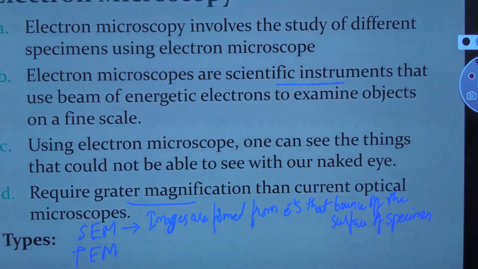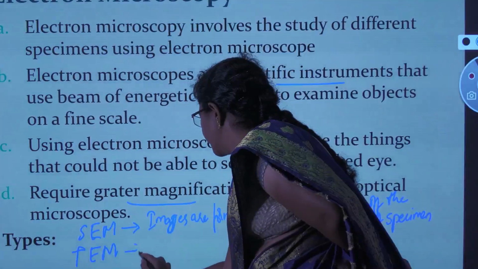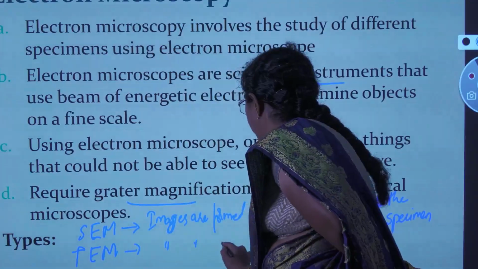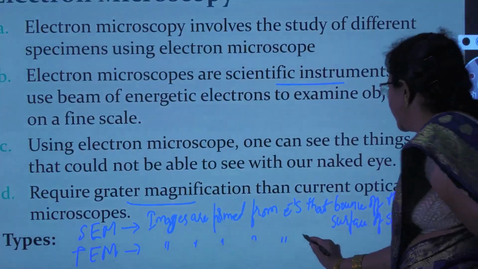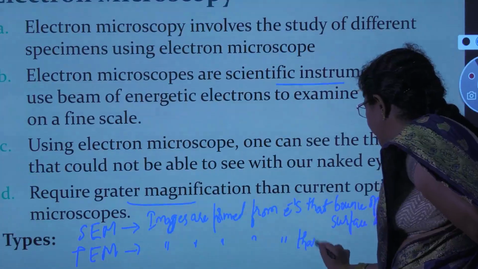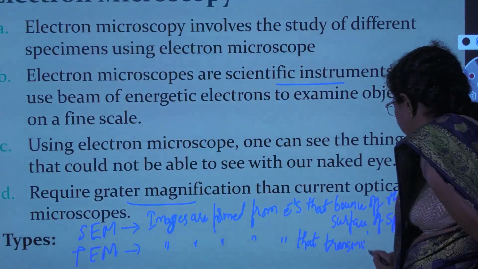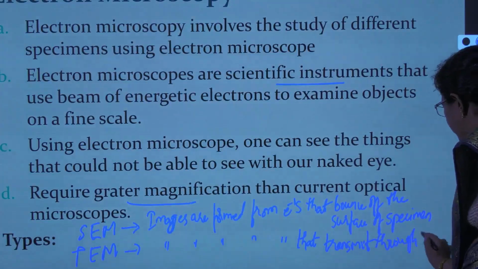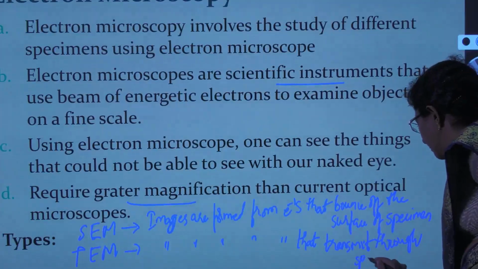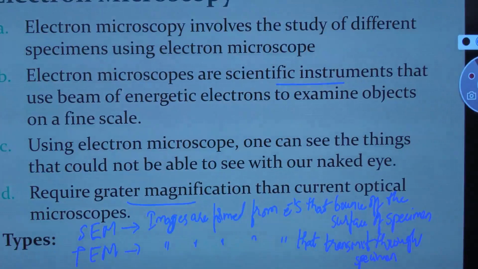And in TEM, transmission electron microscopy, images are formed from electrons that transmit through the specimen. Specimen means the object whose image is to be taken.